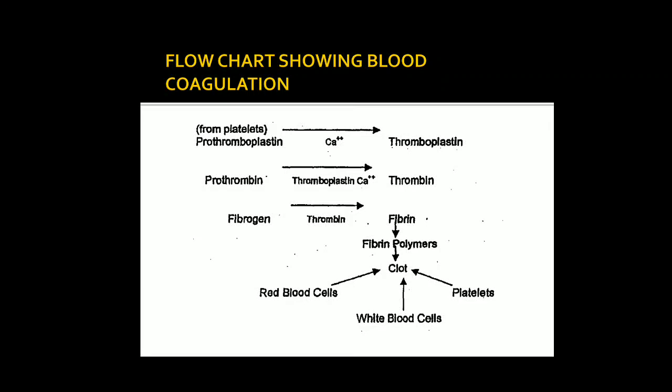Children, it is very important for the clot to occur, otherwise a small injury may lead to a large amount of blood flow and we may suffer from anemia or any other problem, or sometimes it may lead to death also. There is a disease known as hemophilia, which is a genetic disorder passed from the parents to the progeny.